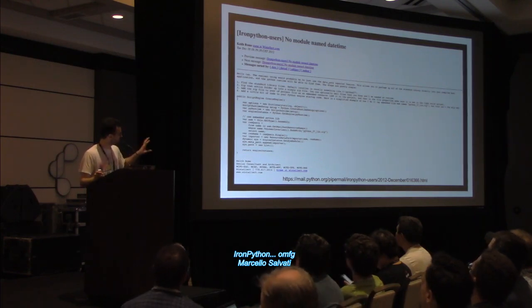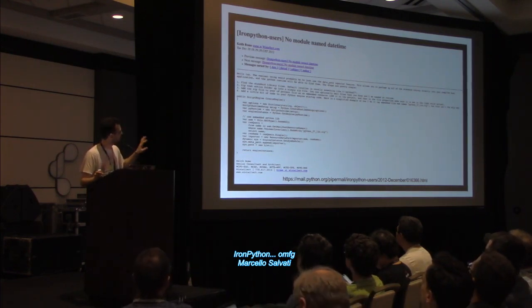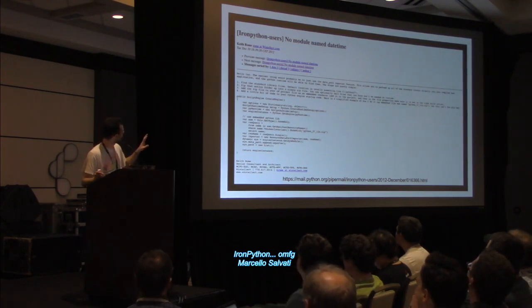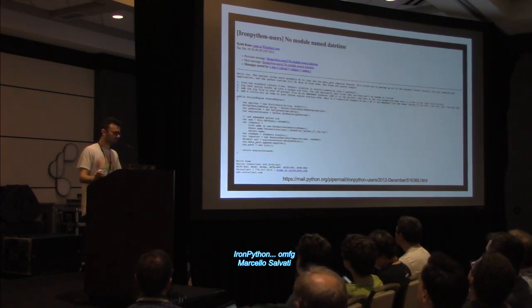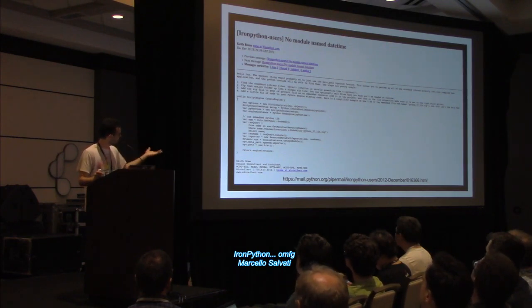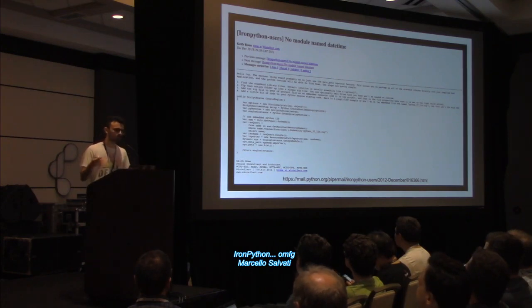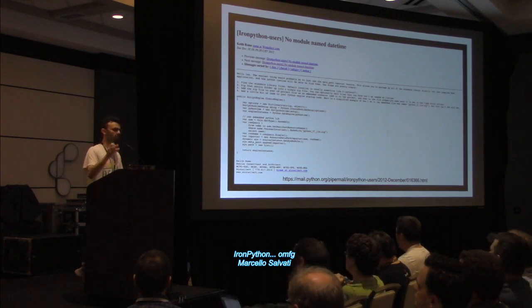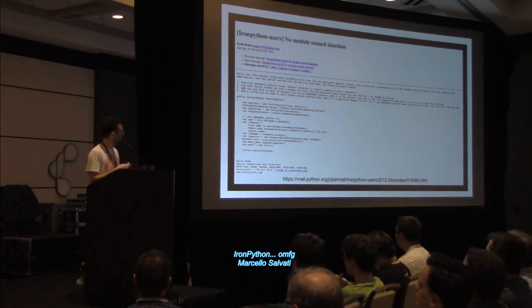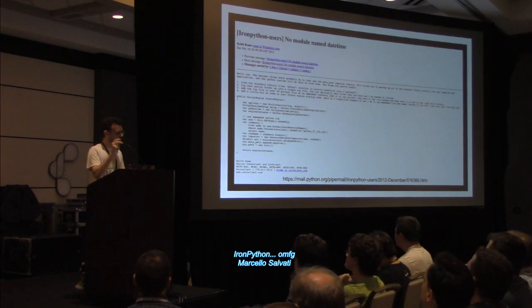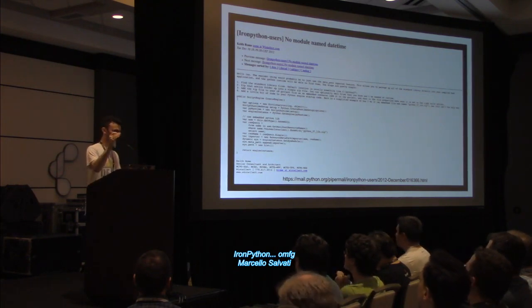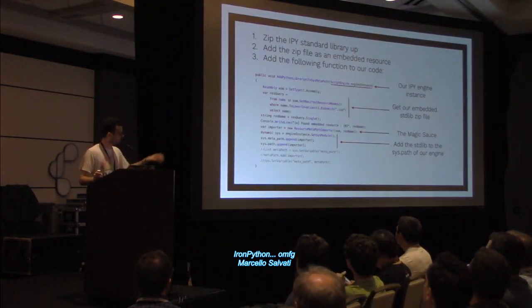I worked on this for a long time, and I basically found an article from what I think was 2012 in the far reaches of Google, where one of the authors of IronPython posted code to say, if you want to give the script in the C# binary access to the standard library, you basically just have to embed the entire standard library in a zip file in the C# binary itself, and then call this magic function called ResourceMetaPathImporter.